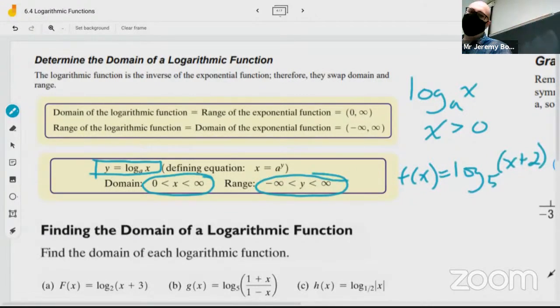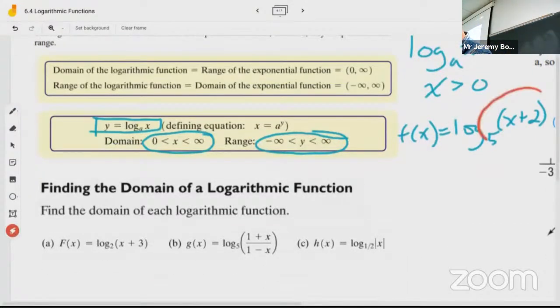That function's domain is not going to be 0 to infinity. It won't be that simple. The expression that we're taking the logarithm of, the x plus 2, that must be greater than 0.